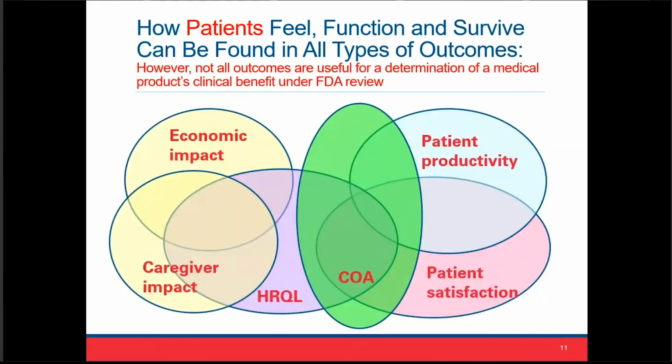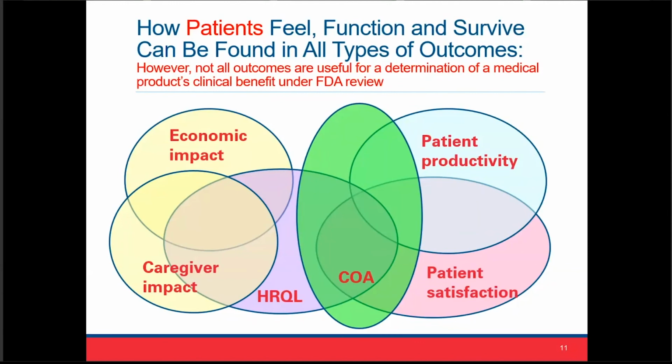So how patients feel, function, survive can be found in all types of outcomes. And not all outcomes, however, are useful to determine whether or not a product has clinical benefit when reviewed by FDA. Now, our umbrella term that Elizabeth mentioned is clinical outcome assessments. And here it's the green oval circle in the middle. And clinical outcome assessments, as defined by FDA, are those that provide evidence in a clinical study of how patients feel, function, or survive.